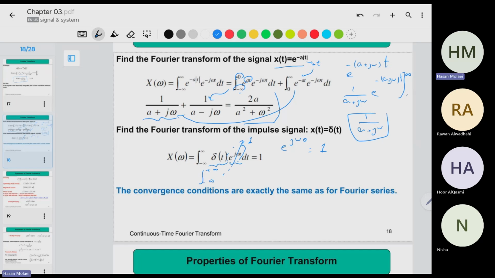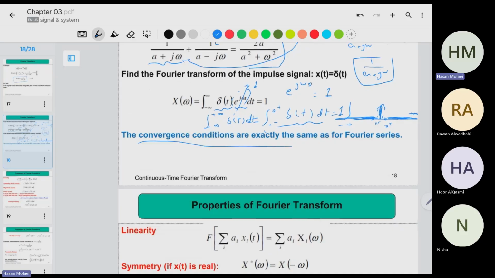The integral from minus infinity to infinity of delta t is equal to the integral from 0 minus to 0 plus of delta t. They are the same, yeah? Why? Because delta is defined only in one point. From 0 minus to minus infinity, its value is 0. From 0 plus to infinity again, its value is 0. I only have delta in a short period of time, which is here. Here, the area under its curve is 1. Yeah, this integral is 1.